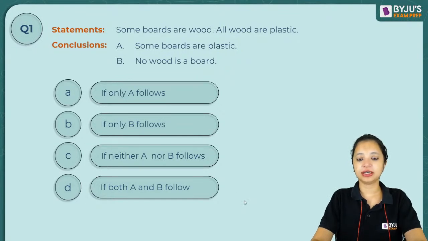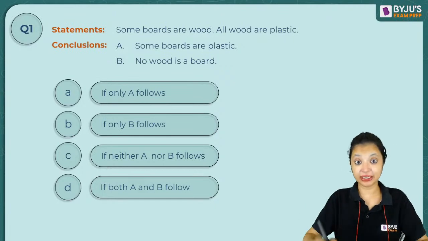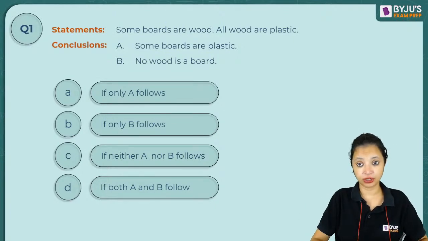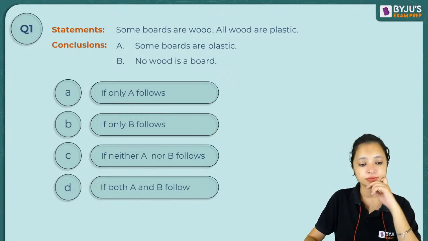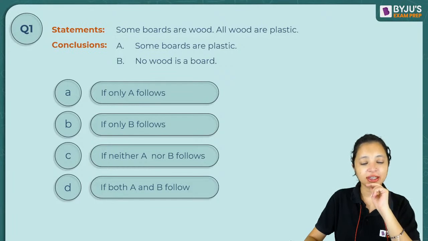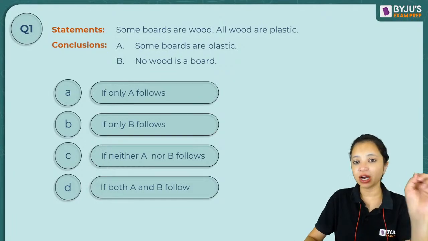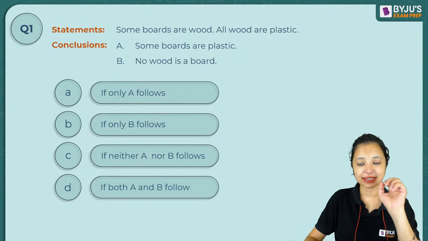What do you think is the correct answer? Make Venn diagrams, follow the methodology, find your answers. Let's see if you can get this correct. Some boards are wood, all wood are plastic.